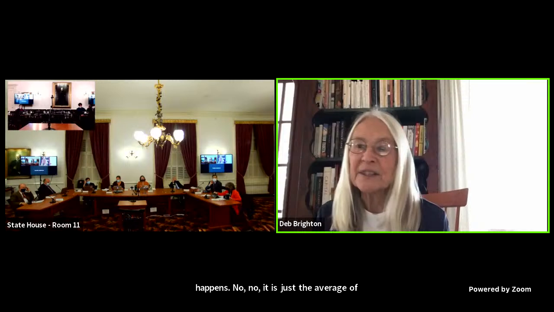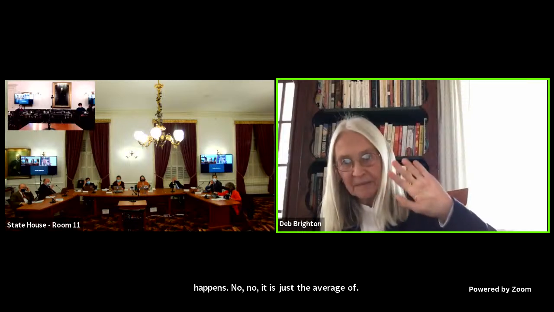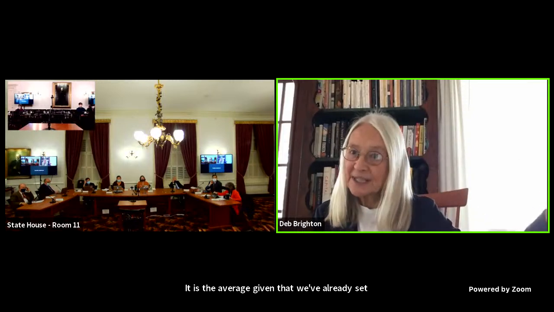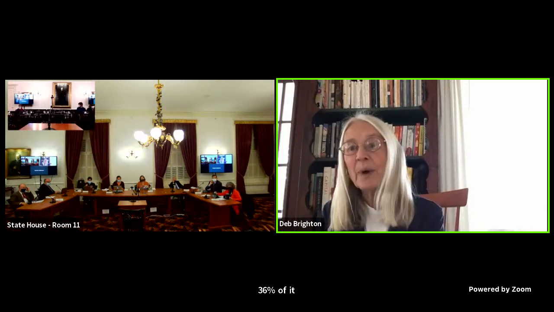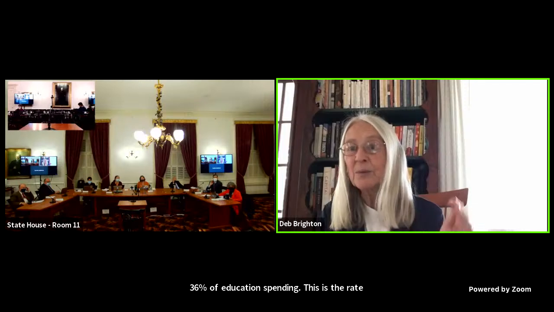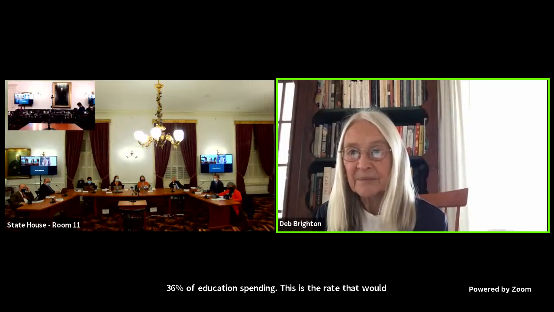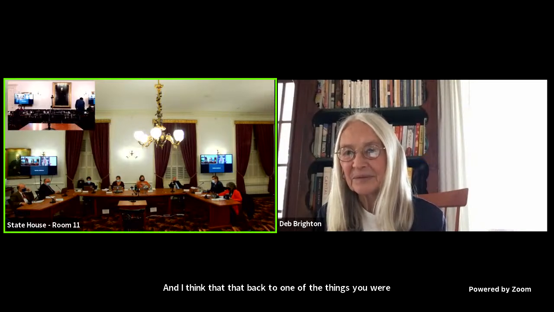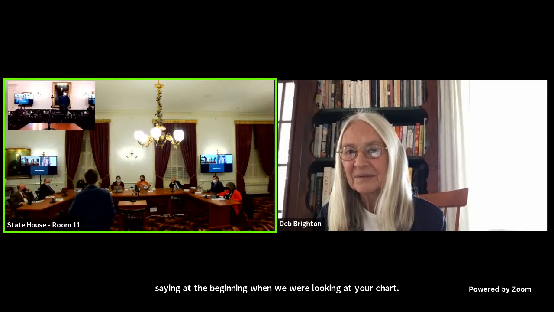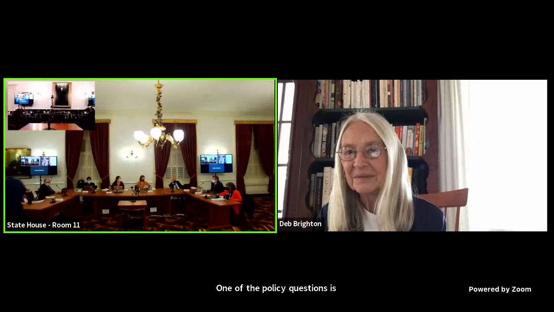It is the average, given that we've already sent them 36% of education spending. This is the rate that would result when they had to raise the remaining. And back to one of the things you were saying at the beginning, when we were looking at your chart, one of the policy questions is: is that the right ratio?